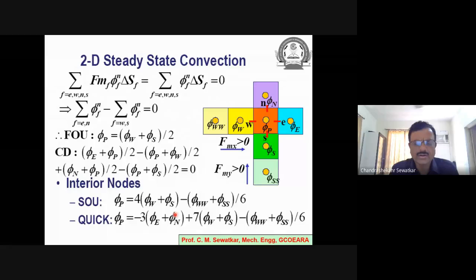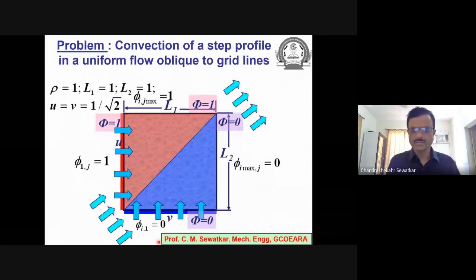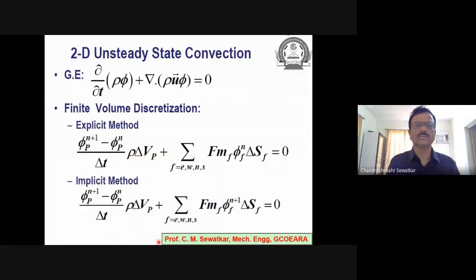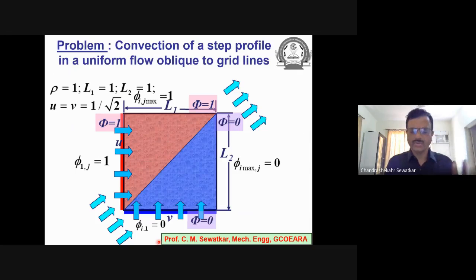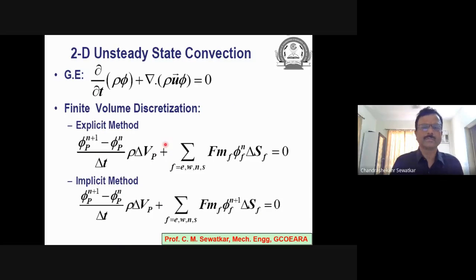And then we can iteratively find out newer and newer values. We can go ahead with some initial guess, and find out the new value of phi_P, either using FOU, SOU, CD, or QUICK convection schemes. So this problem is being looked at, and we can find out the steady state. I am going to share the solution with you as I proceed.